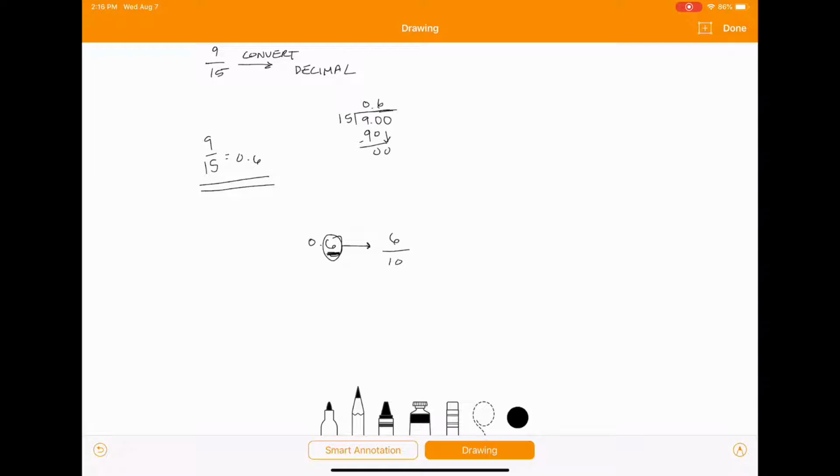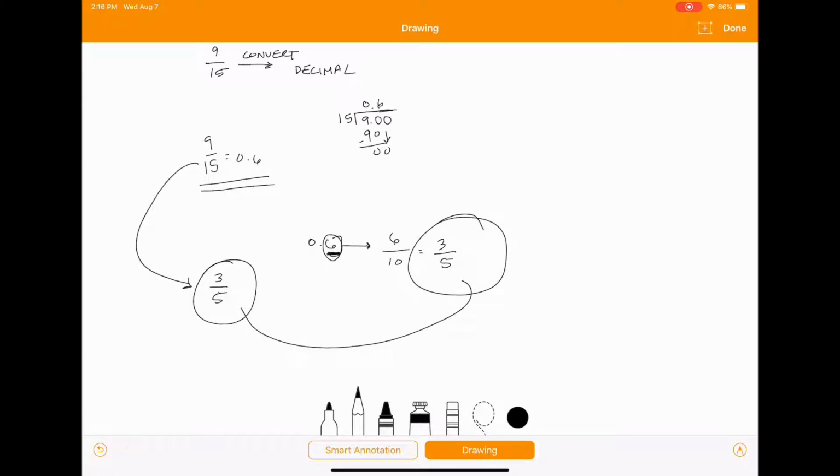And then you can just reduce that by dividing top and bottom by 2, which is 3/5. And if we come back up here and reduce this fraction by dividing top and bottom by 3, we're going to get 3/5, which is the same answer there and there.